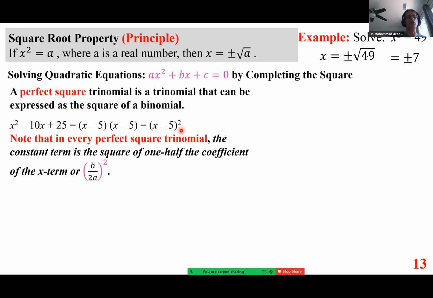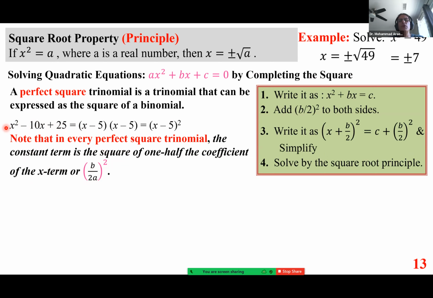Note how we arrive at this number: if you divide this by 2 and raise it to the second power, you get this one. So the constant term is the square of 1/2 the coefficient of the x term, or b over 2a to the second power. If the leading coefficient is not 1, we use a.